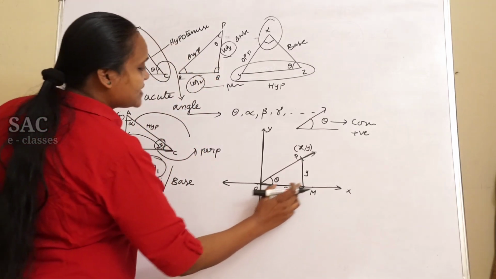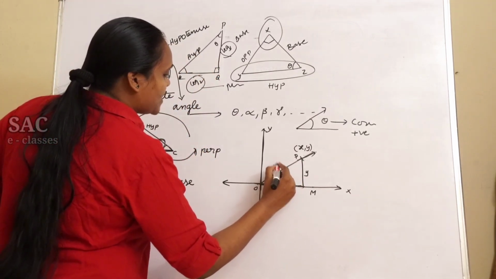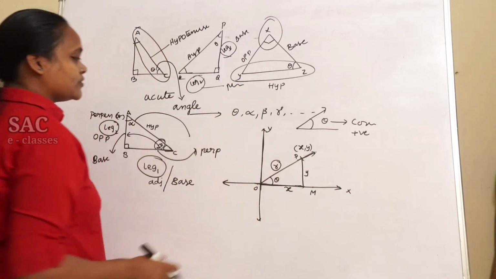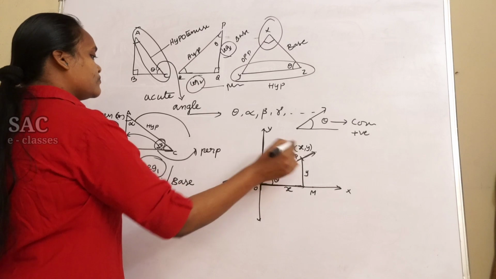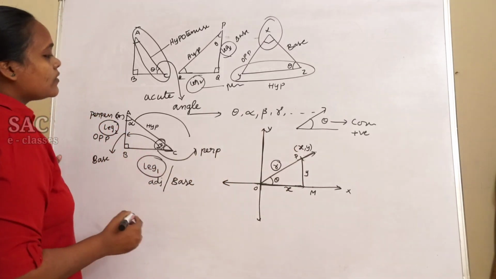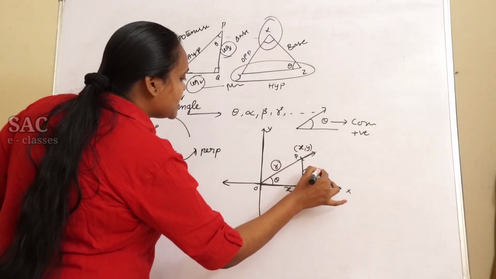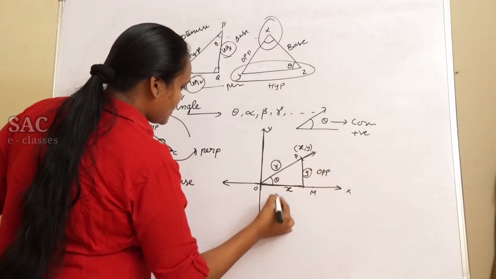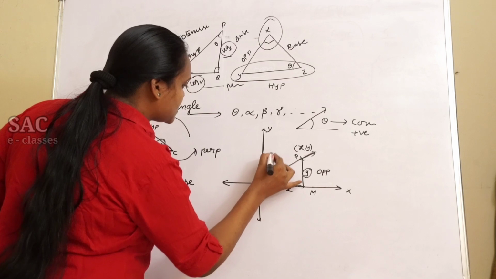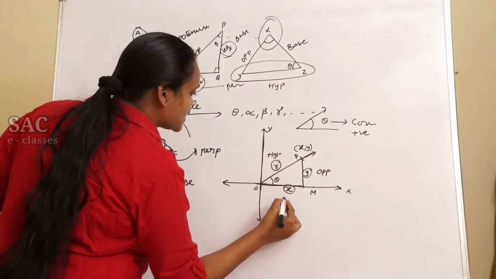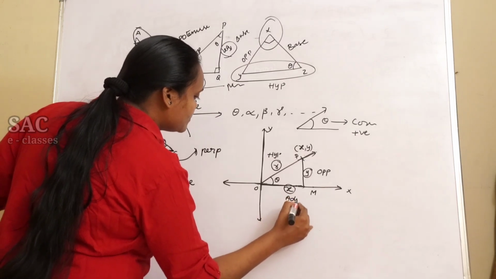Now this is the x, this is the y, and obviously if we take some radius, or maybe hypotenuse, around the point. Now for theta, y is the opposite. For theta, r is the hypotenuse. For theta, x is the adjacent.